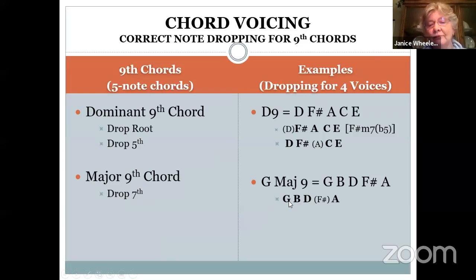So here's the root, the 3rd, the 5th, the 7th, and the 9th. On a major 9, we always drop the 7. So those are the guidelines.